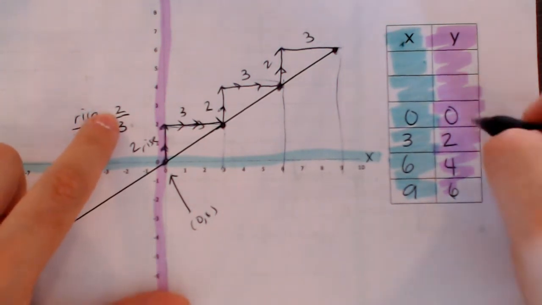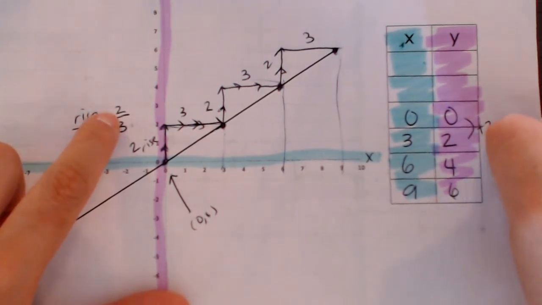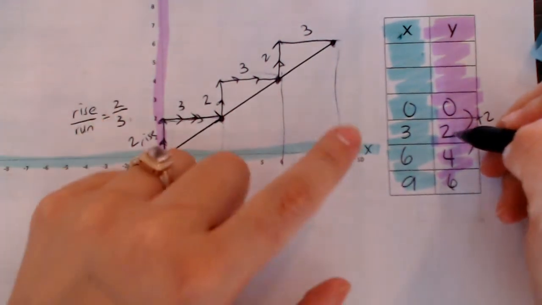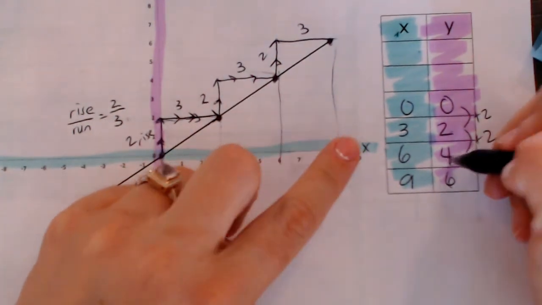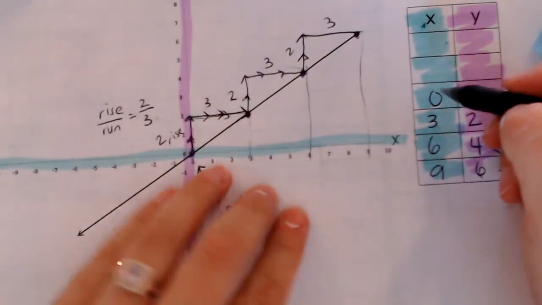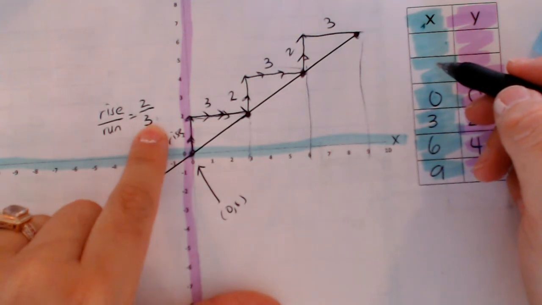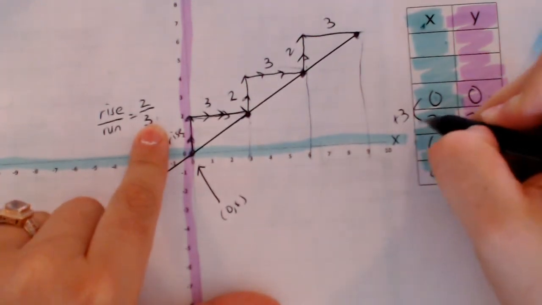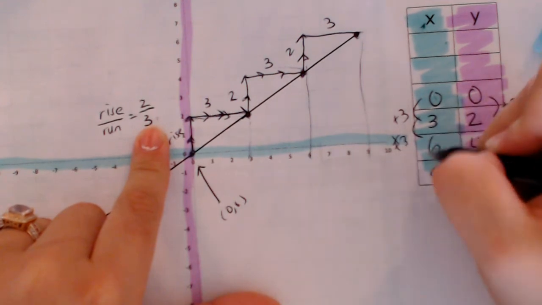So that means every time you're changing, they're going to add positive 2. 2, 3, 4, that's 2. 4, 5, 6, that's adding 2. Then the X for the run means you're going to add 3. Add 3. Yes, that's true.